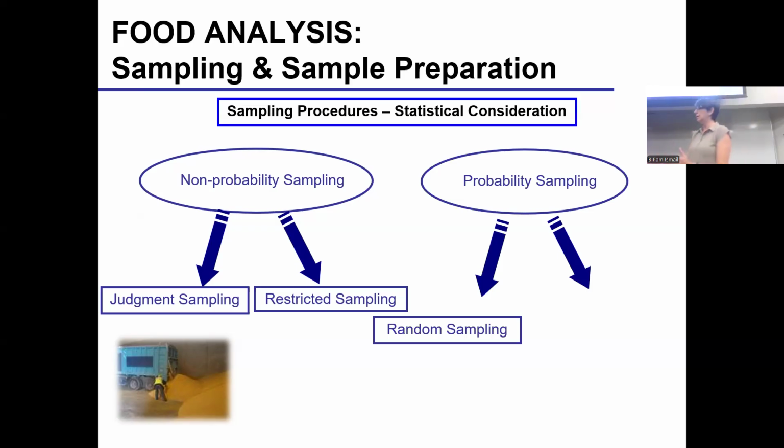Random sampling, like I said, with the example of the sacks of flour, or if you have a box of cans, then you would give them random numbers and select the numbers randomly. So that's random sampling. This is the best way of sampling. And then there is systemic sampling that is mostly applied for online, during-processing sampling.